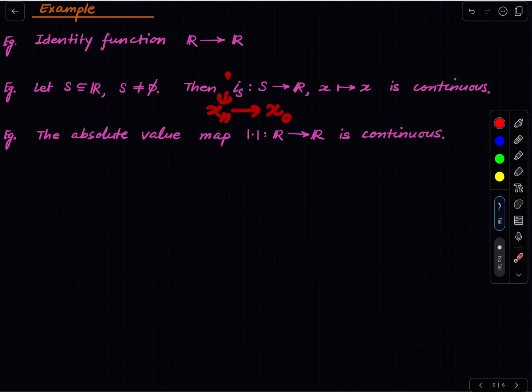So each xn is in S. We want to show that its image under the inclusion map, which is the same as this guy, converges to the image of x0 under the inclusion map, which is the same as this guy. Since xn converges to x0, the inclusion map is continuous at any point chosen in the domain, and hence it is a continuous function. The reasoning is almost tautological.